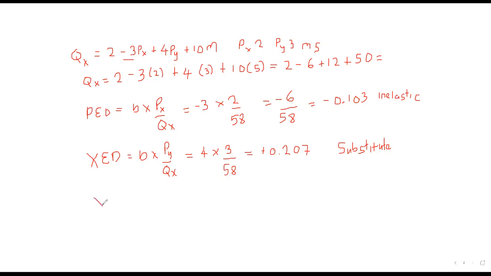And finally, income elasticity of demand. I told you the types of goods that we are looking at: either an inferior good, a normal good, or a luxury good. So here we have the slope, which is 10, times income, which was 5, over 58.